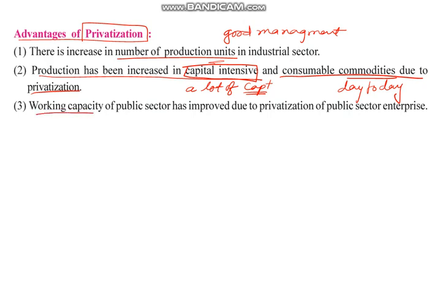The working capacity means the turnover. The turnover, the production made by the companies, has also increased due to private management, as private management has made a lot of changes in management strategies, and due to that the working capacity or the production of public sector units also increased.